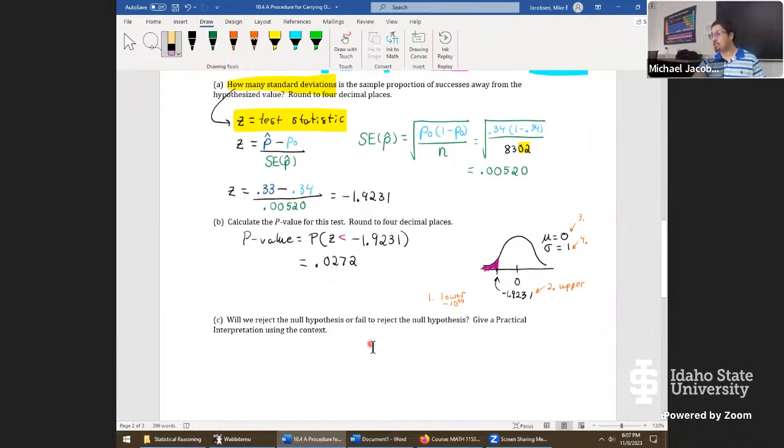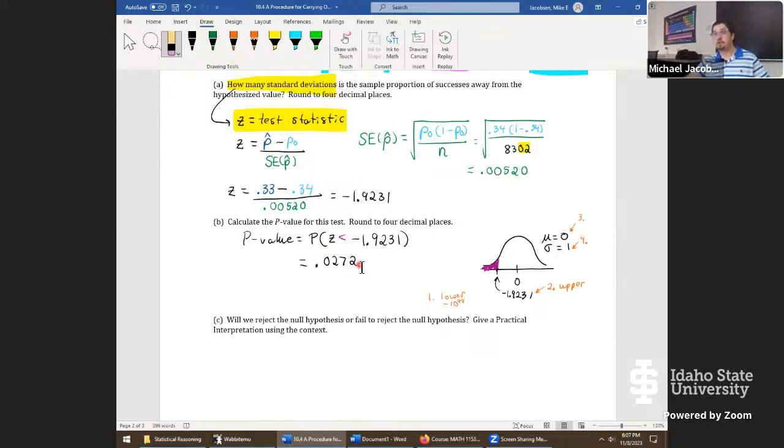Finally, part C asks us the question, will we reject the null hypothesis or will we fail to reject the null hypothesis? Those are the only 2 conclusions we can give on this study. Any volunteers for what the conclusion should be with that p-value? Honestly, it's kind of tough because we're not looking at the right information, right?